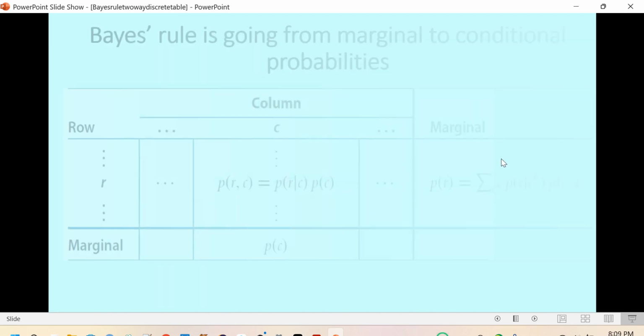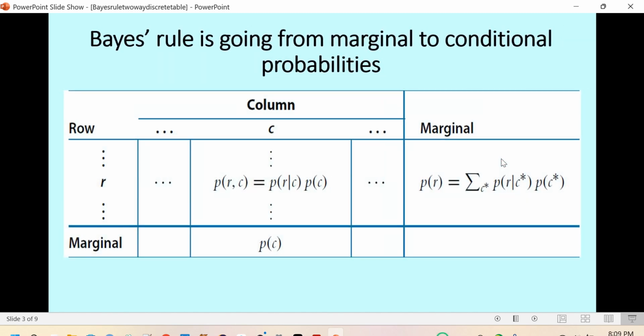So we go to a two-way categorical table, which will help you understand the Bayes rule better with the relationship between marginal probability and conditional probability.